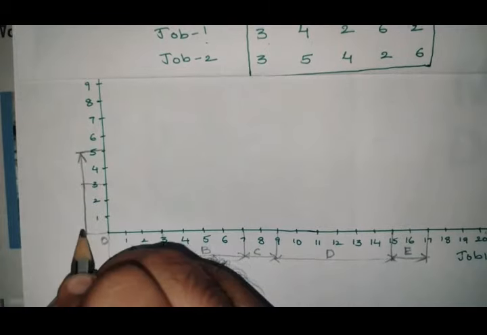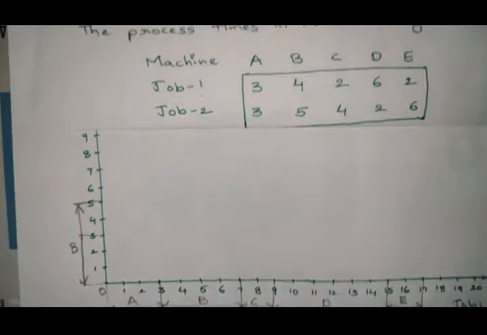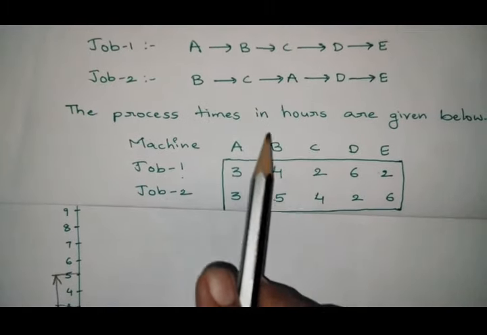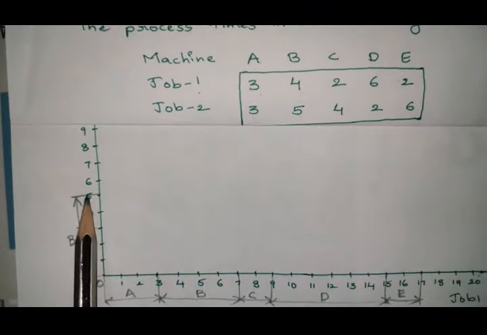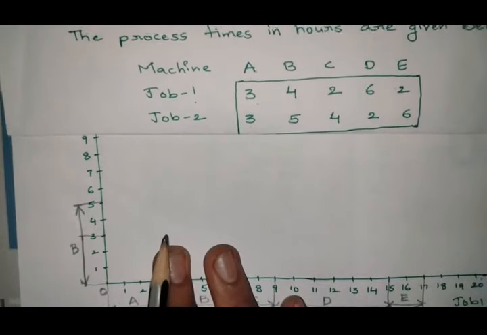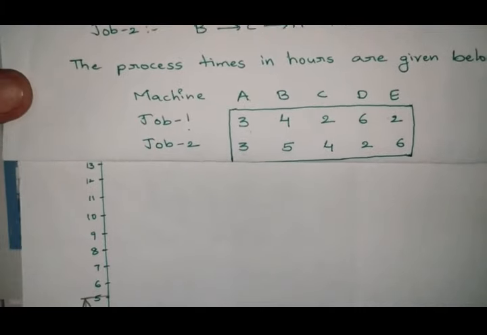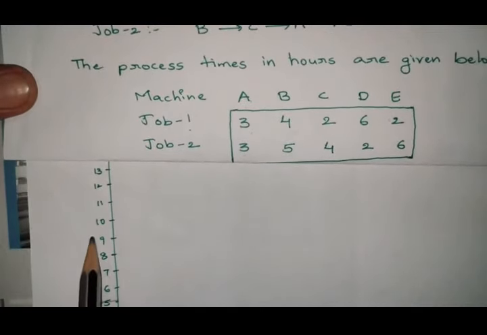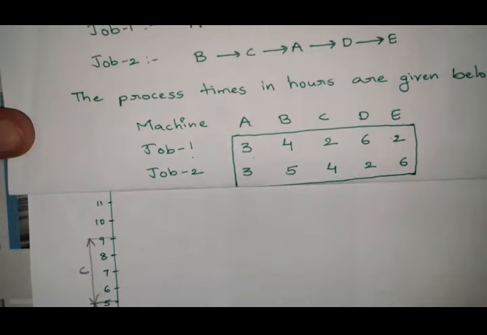So now it is B. And next, what is the sequence? C. For C it is 4 hours, so 5 plus 4 equals 9. Now represent it here, 9, so it is C. What is the next sequence?